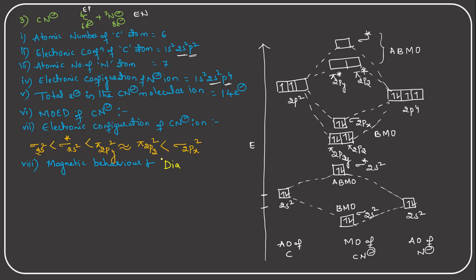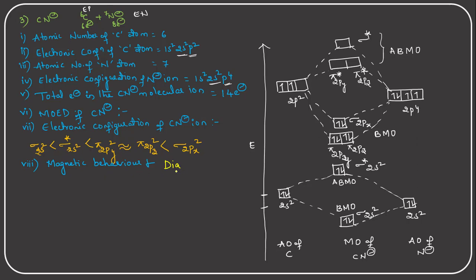If there is any unpaired electron, then only it acts as a magnetic pole, otherwise it will not, because the upward arrow has a plus half and the downward arrow has a minus half, so that plus half and minus half cancel. This results in a diamagnetic compound.